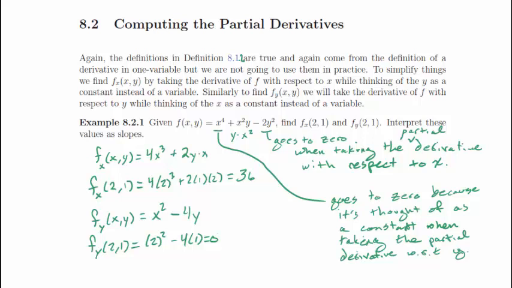So if we are going to interpret these, we say the slope of f at 2 comma 1 in the x direction is 36, and in the y direction is 0. And that's it.